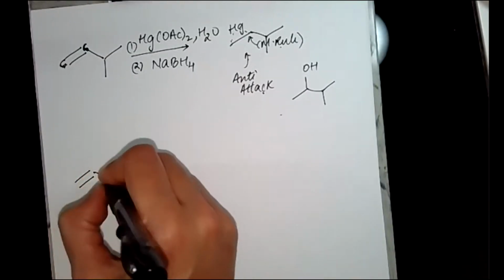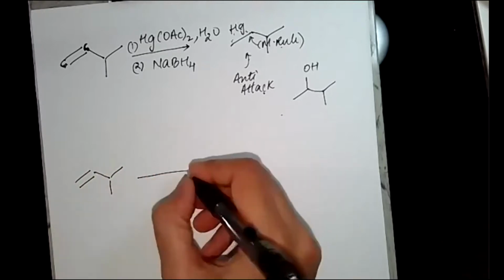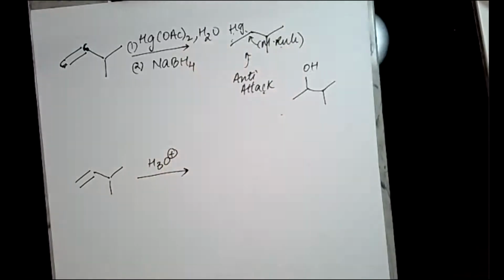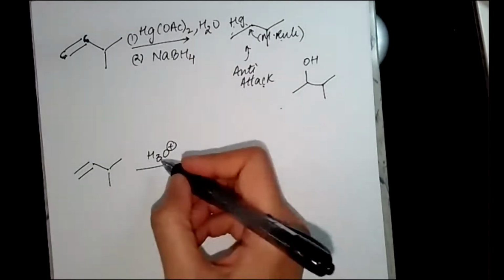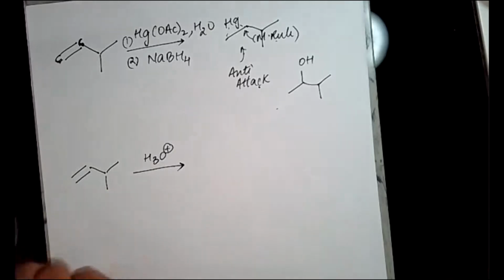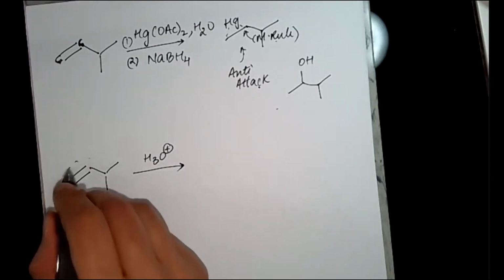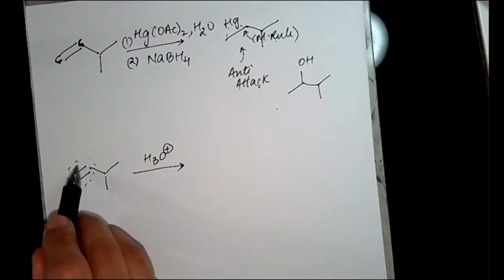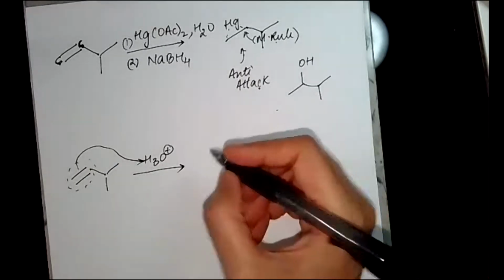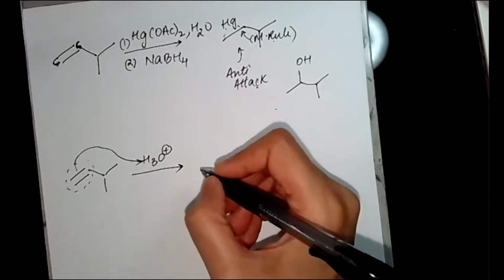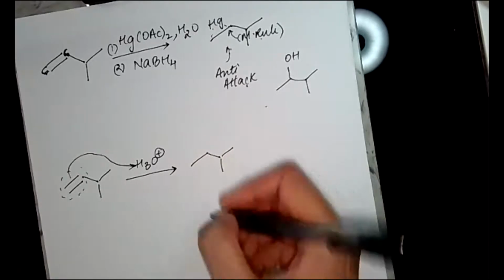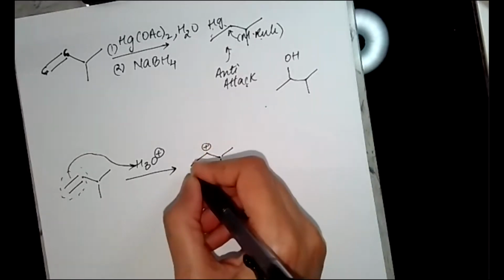And don't worry, I'm going to come back to your question anyway. But instead of this reagent, if I had used my acidic reagent, what would have happened at that point? Now I cannot control my stereochemistry. The rich pi electrons are going to attack this hydrogen. A carbocation will be generated.